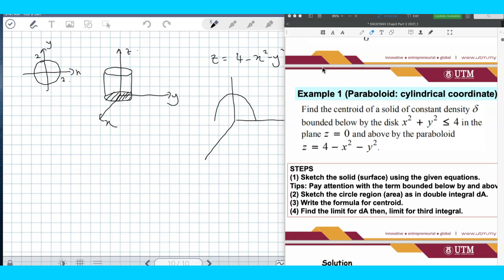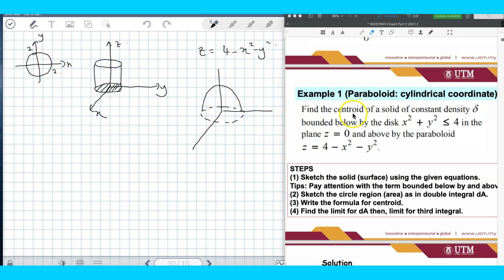Then you have to know the size of the circle or maybe ellipse on the floor, because you have to combine this bowl and this cylinder to get the solid we are looking for, whose centroid we have to find. Now you want to sketch the shape of the solid in x, y, z. You might wonder whether the curve we see on the floor is larger or smaller than this circle.